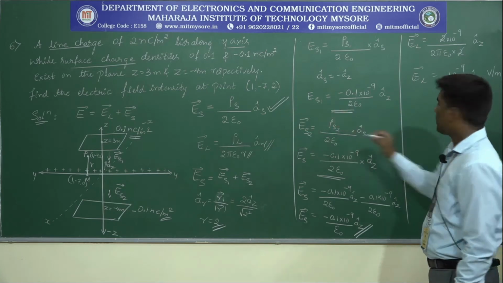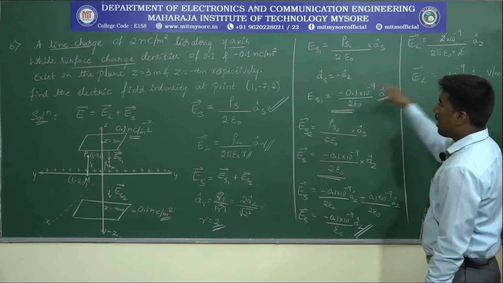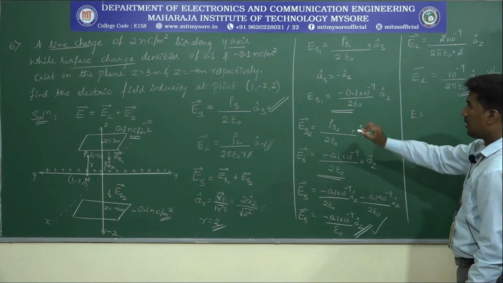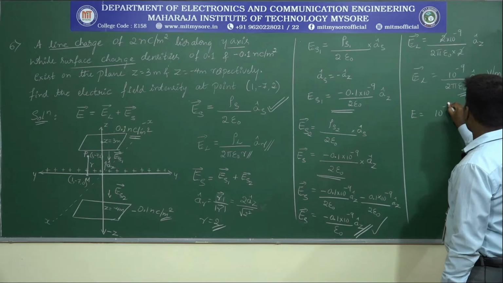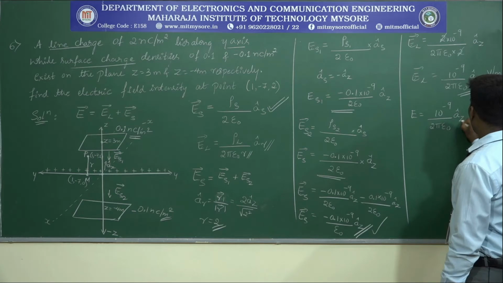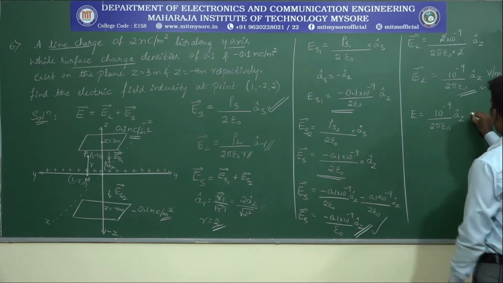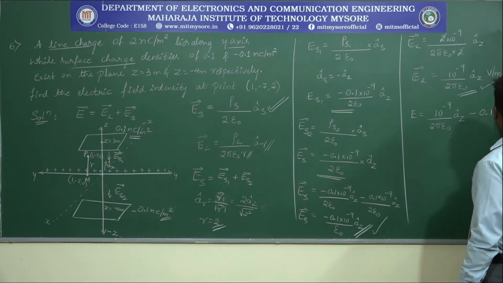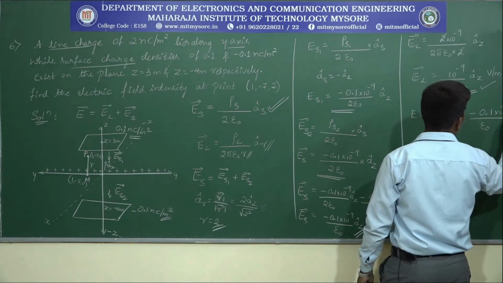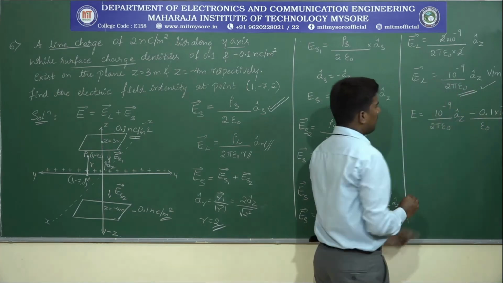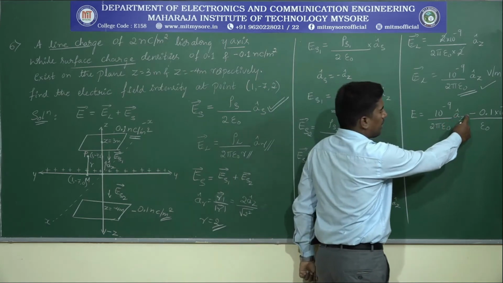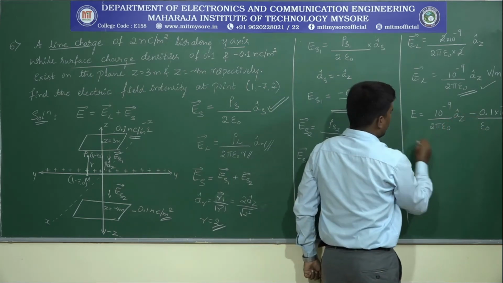E is equal to EL plus ES. E is equal to adding these two quantities, this one and this one. So EL is 10 power minus 9 divided by 2 pi epsilon naught into A cap Z, minus 0.1 into 10 power minus 9 divided by epsilon naught into A cap Z. Okay, since we have a negative sign here, no need to write plus again. So let us reduce one more step.